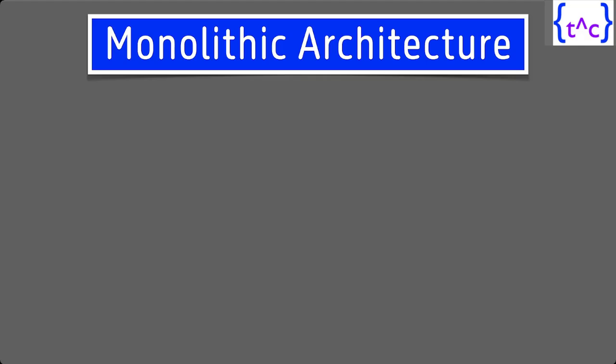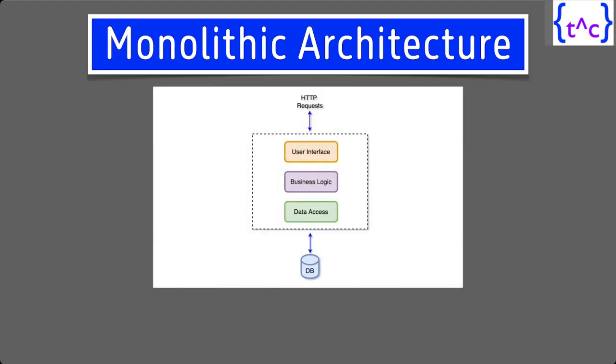So how will a monolithic architecture application look? Something like this. Right. So this dotted line you can visualize as an application. And inside this application, you can see user interface, business logic, and data access is written. So all the required components are written inside this.